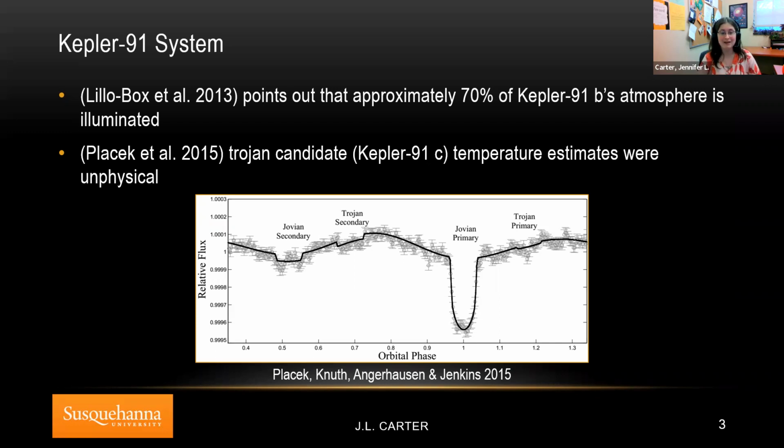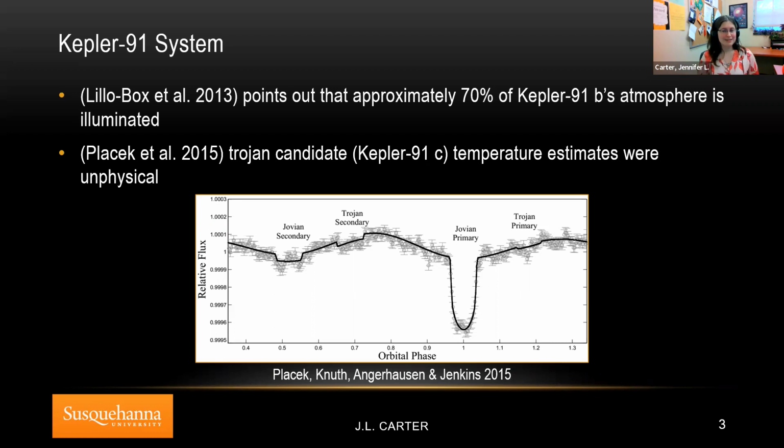Later on, colleagues of mine, Placek et al. in 2015, was studying Kepler-91 again, proposing that there might be a Trojan candidate. In other words, Kepler-91c would have been an exoplanet with the same orbital period and star-planet separation as Kepler-91b, but in its orbit, it would have been 60 degrees ahead or behind.